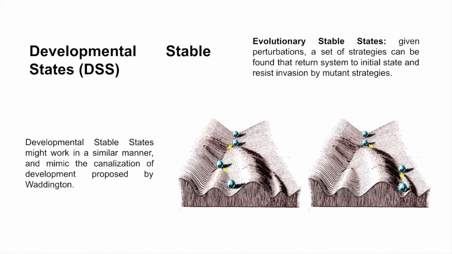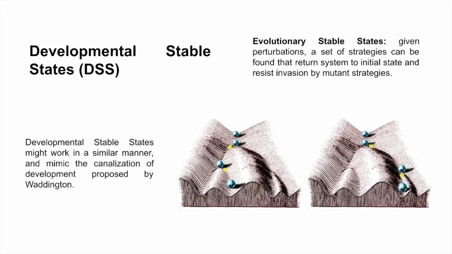One of the things this leads to is something called developmental stable states. In evolutionary stable states, which is the inspiration for this, given a number of perturbations, strategies can be found that return the system to an initial state and resist invasion by mutant strategies.